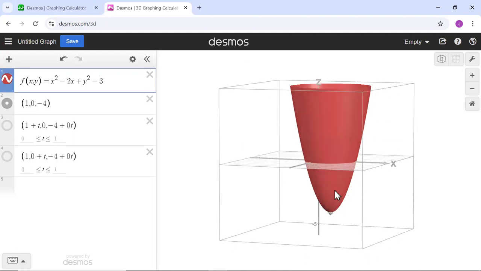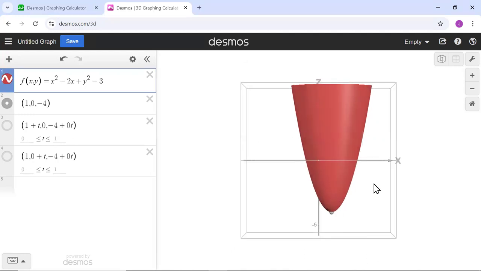Now, if you think about the tangent lines, the f sub x is giving us the tangent line, the slope, in the direction of x. So if I'm looking at the cross section where I just see the xz plane at that point, the tangent line is going to shoot out at slope 0 in the x direction.